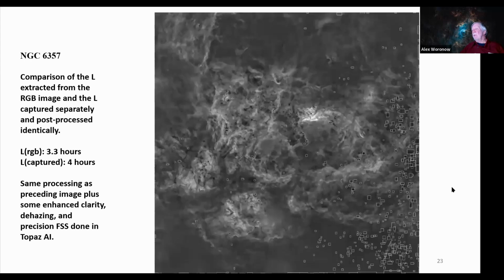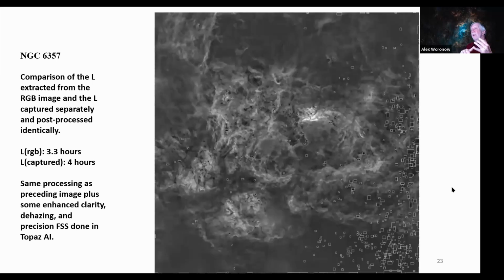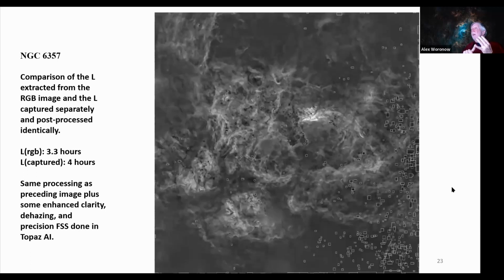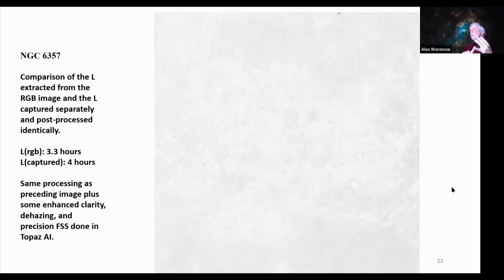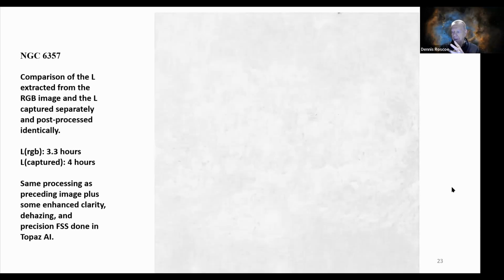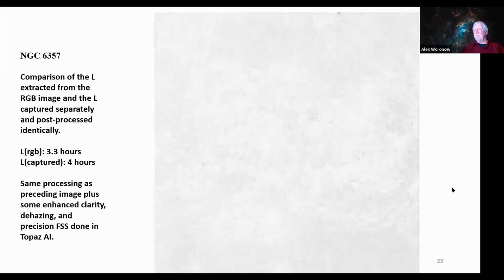Okay, and it was imaged in RGB and L. And there are two sources for the L. The L that we captured is luminance subs, and the L we got by converting the RGB image into a different color space and extracting the L of that color space. Okay. So that's the two L's that are being compared. The one that's inherent in the RGB and the one separately captured.